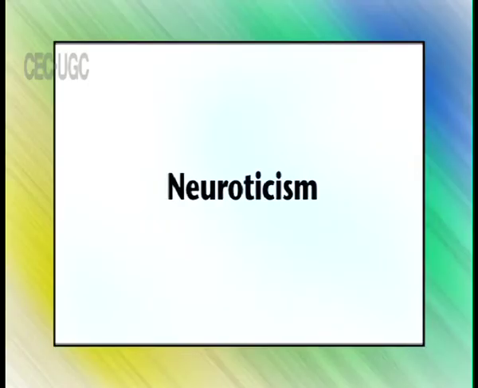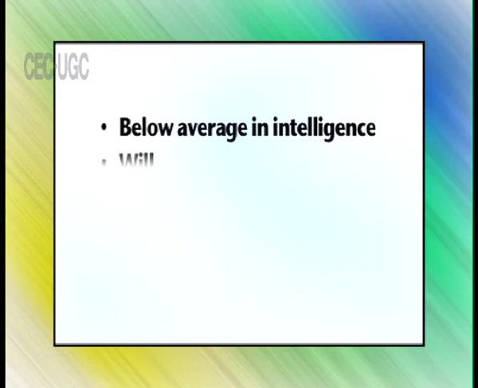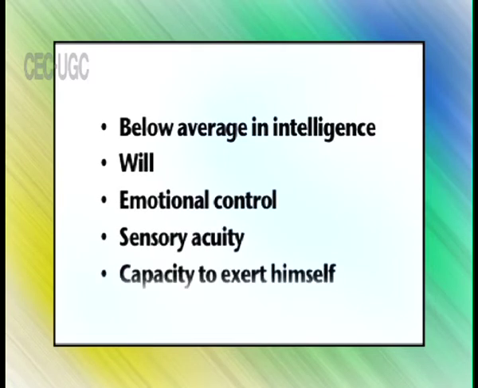Neuroticism. Another major dimension involves emotional instability at the lower end and emotional stability at the upper end, describing people as neurotic and not neurotic. Neuroticism is considered a general factor by Eysenck. Traits of a neurotic person are below average intelligence, will, emotional control, sensory acuity, and capacity to exert himself.